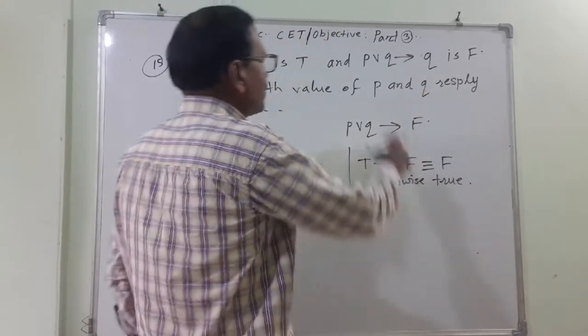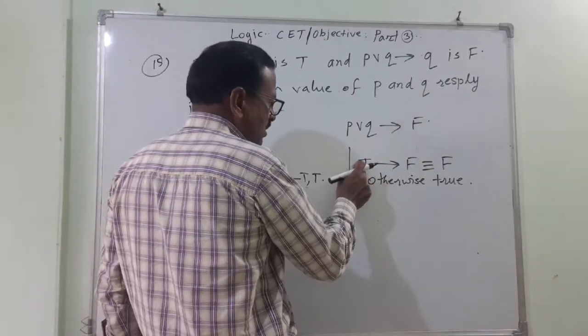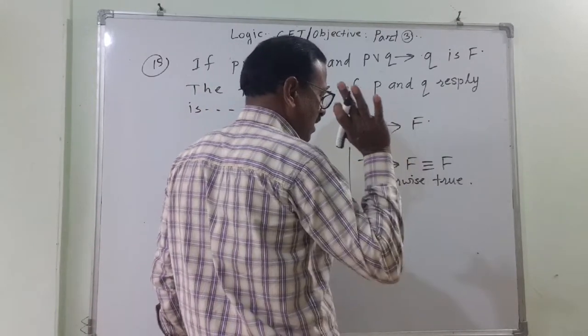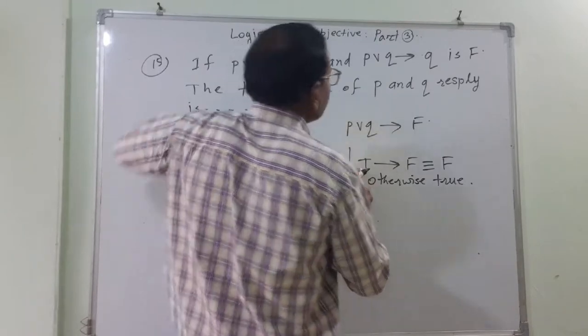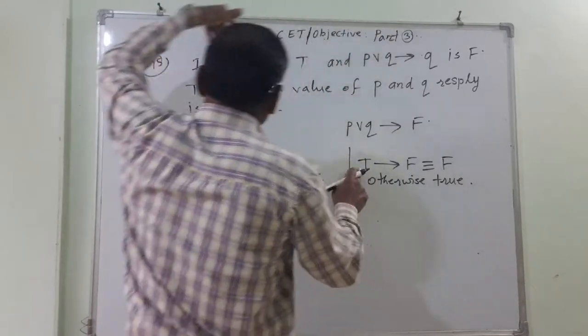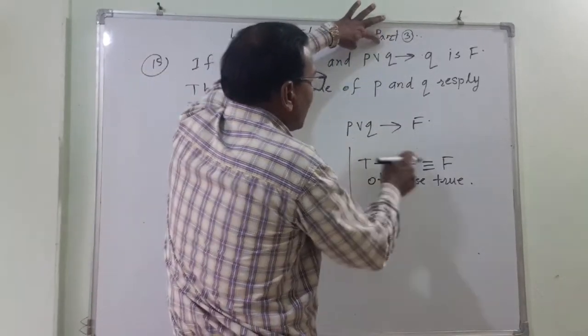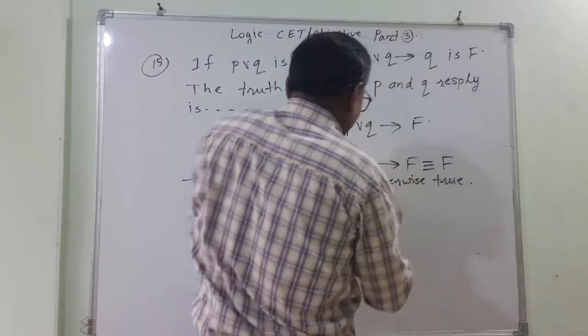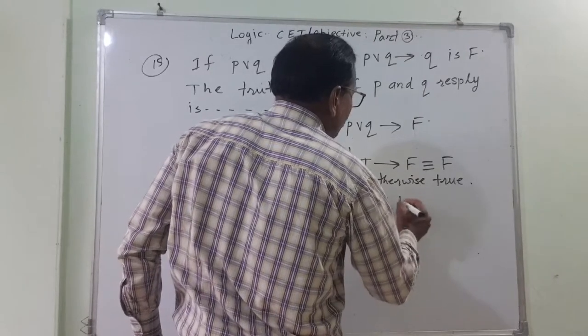Have you understood this? True implies false is equal to false. That means the first is true. This first is true, that is given. And the second, Q, this is false. Therefore Q is false.